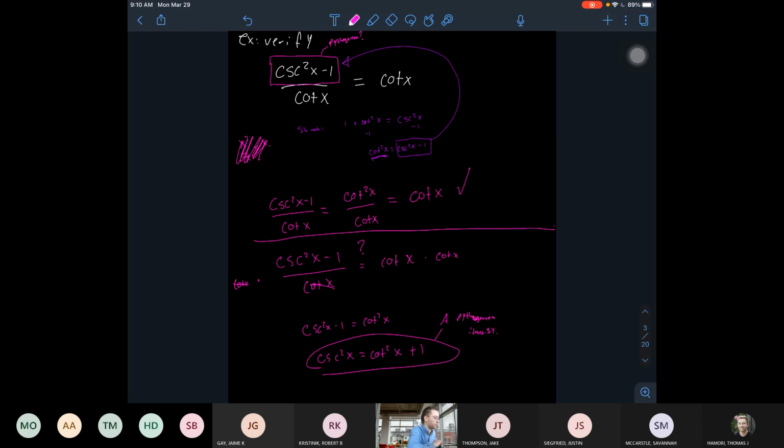We want to start on the more complicated side and see if we can apply basic algebra and our library of identities to rewrite it in a clever way such that when all the dust settles and everything is canceled out and rewritten as needed, we wind up with the simpler expression. Okay, this is how we do this verification stuff.